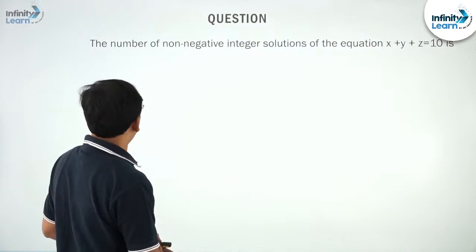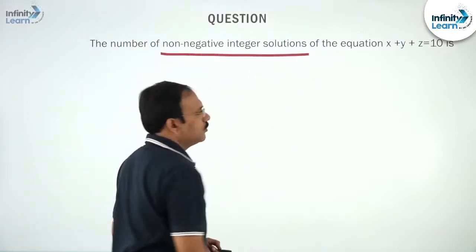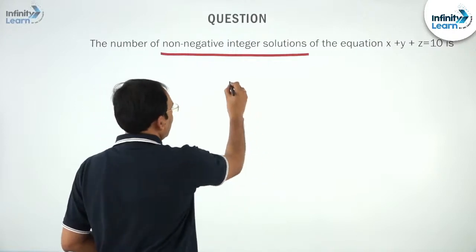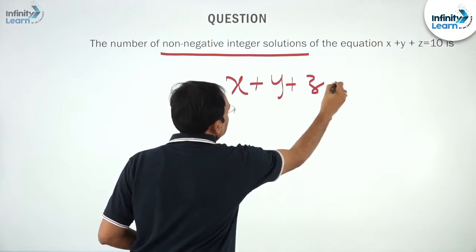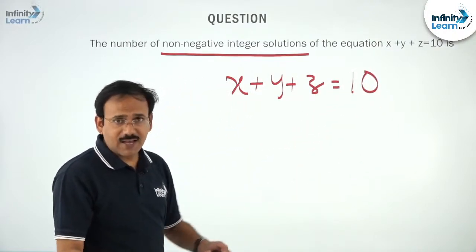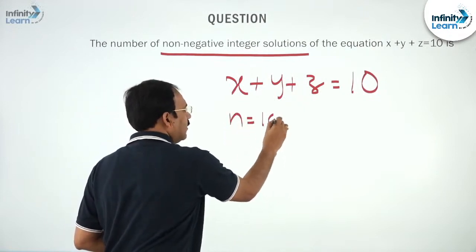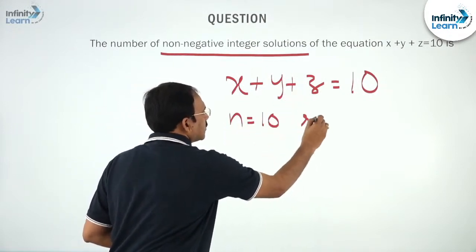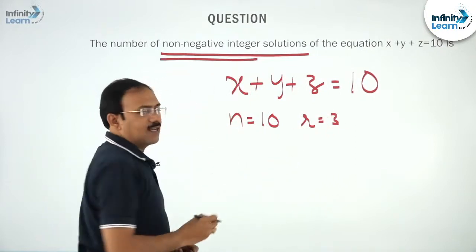You see the question: the number of non-negative integral solutions of, what is the equation? x plus y plus z is equal to 10. Now we have a direct formula. Here n is 10, and with 3 dissimilar boxes, r is equal to 3. He is asking for non-negative integral solutions.